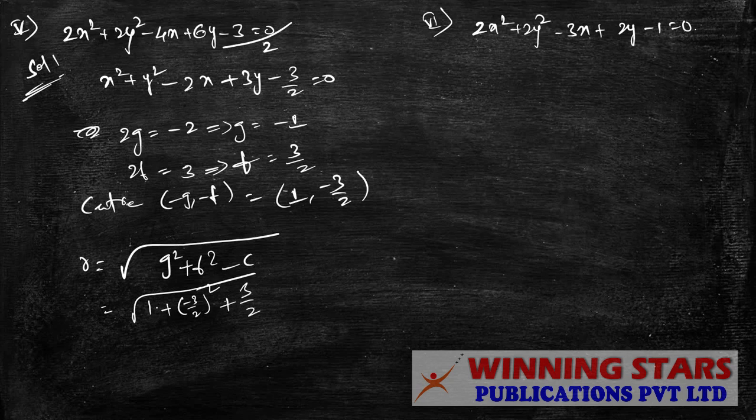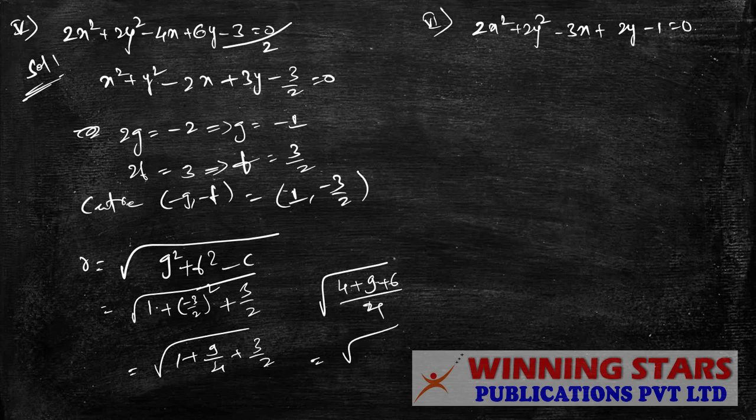So from this we can write it as under root of 1 plus 9 by 4 plus 3 by 2. So LCM is 4 here, and it will become under root of 4 plus 9 plus 6 divided by 4, under root of 19 by 4. Root 19 divided by 2, answer.